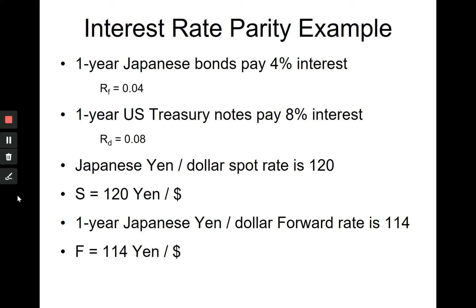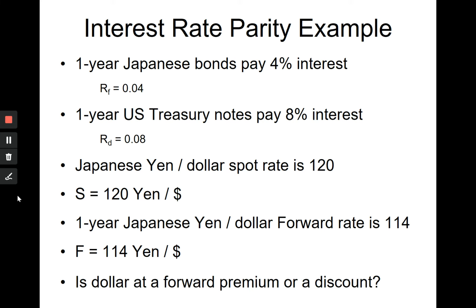Let's continue with this Harvard Business School lecture note exercise. The next question to ponder together, to ask ourselves, is the dollar at a forward premium or a discount? Think of this question a minute.